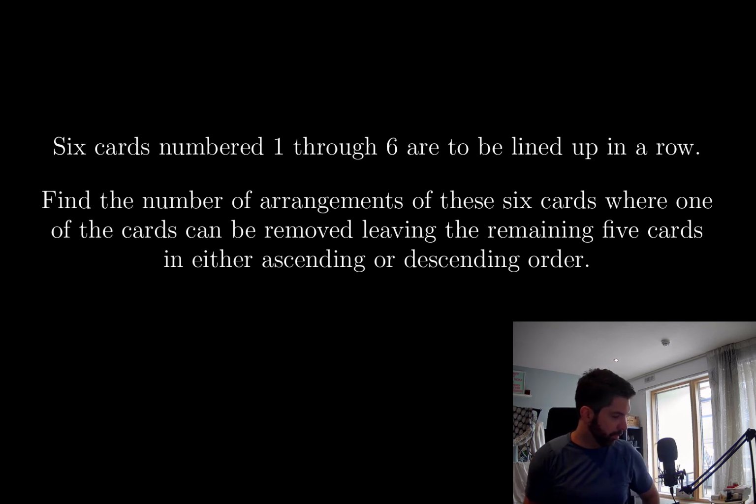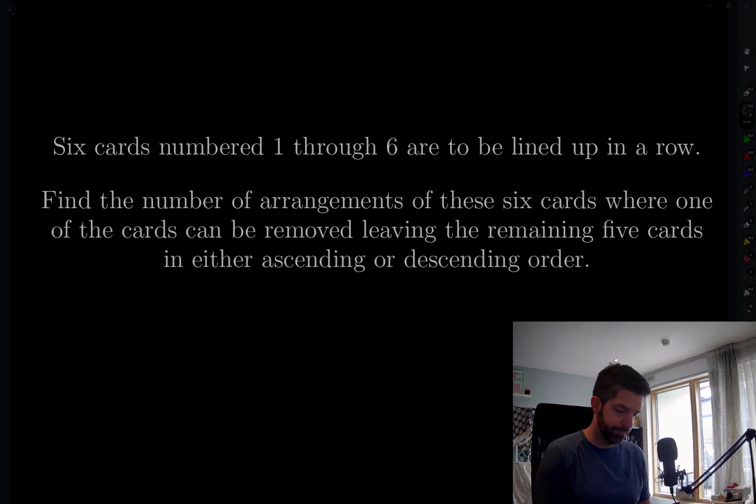So, somewhat of a combinatorial problem here. If I'm to understand exactly what's happening, we're essentially looking for a sequence of the numbers 1 to 6 such that one card can be removed and the remaining 5 numbers are in ascending or descending order.